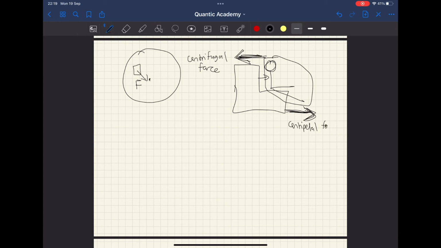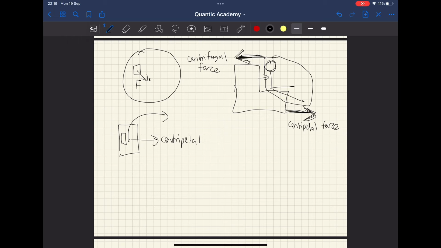So, now imagine you're in a car and you go around a bend. The centripetal force will be towards the center of the circle. But now since the car is accelerating towards the center of the circle, and the seat is bolted to the car, it will also accelerate towards the center of the circle. But your body is not bolted to the seat, so it won't move towards the center of the circle.